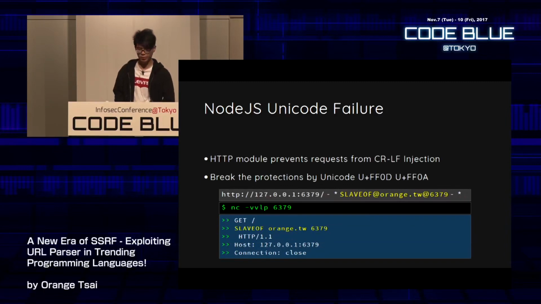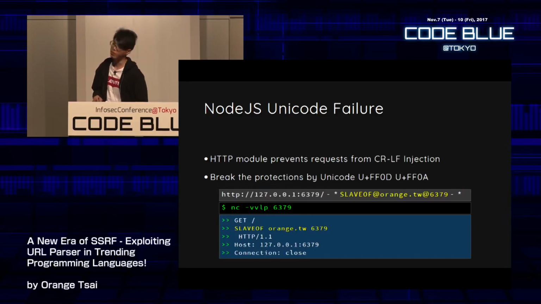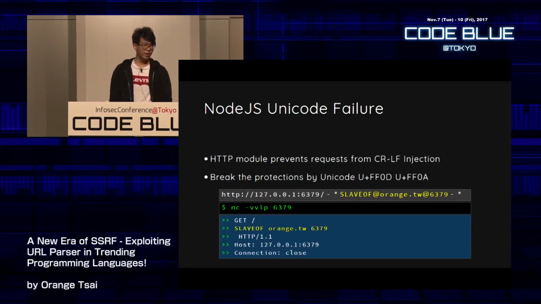But we can break the protection by Unicode symbols FF0D and FF0A, the fullwidth dash and the fullwidth asterisk. The HTTP module cannot locate any new lines in the path, but the output will fold the byte and strip the FF. So our protocol smuggling is reproduced again.